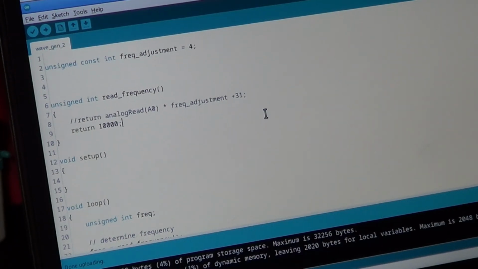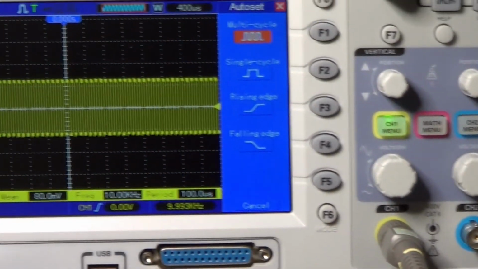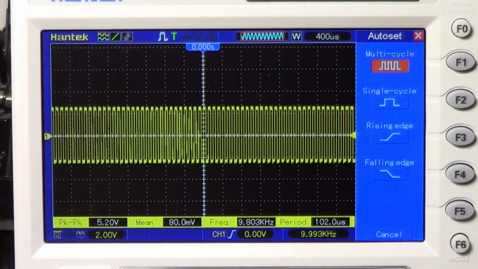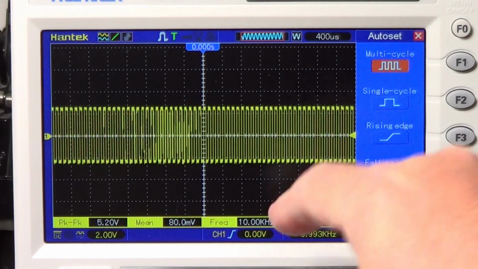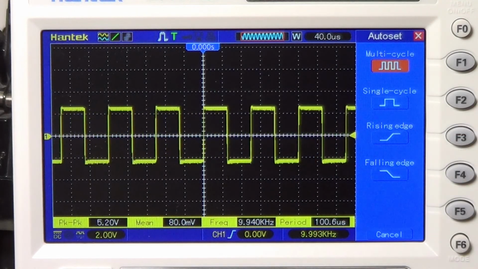Done. Look what we have here. It's about 10 kHz. You see, it's right there. And this is because this is in hardware, not in software. The software is just one single instruction to enable the hardware to create such a frequency. Instead, doing it with software limits the possibilities because the software is much slower than the hardware itself.